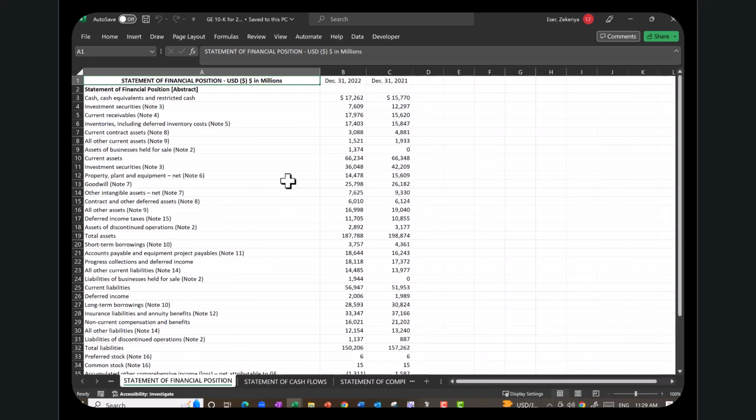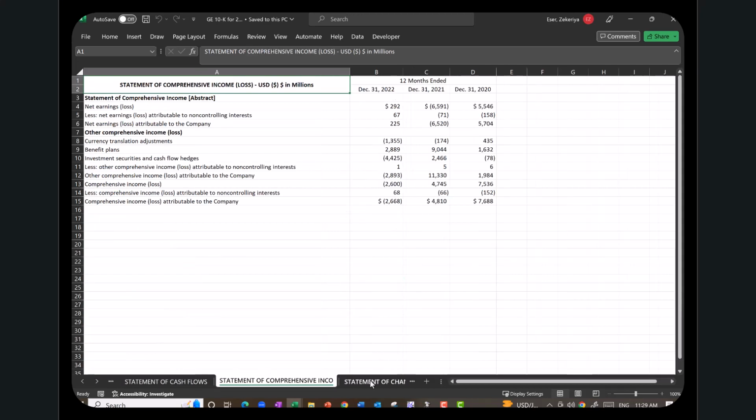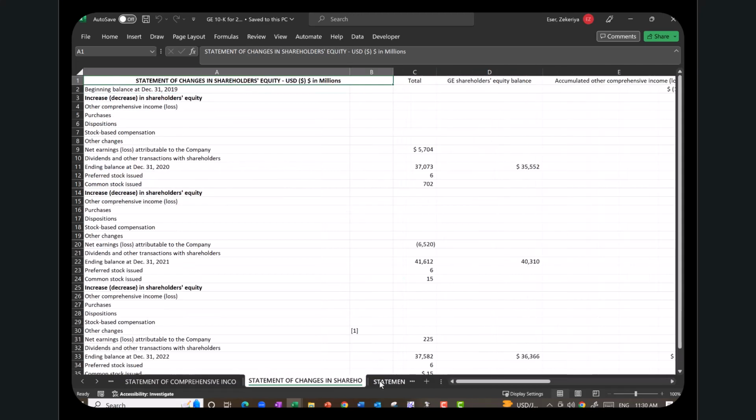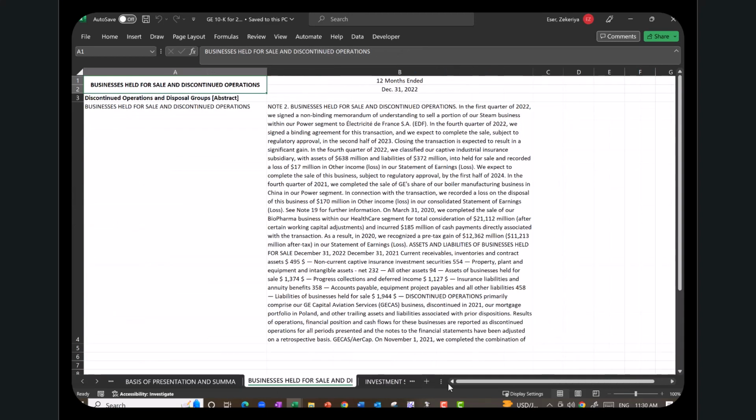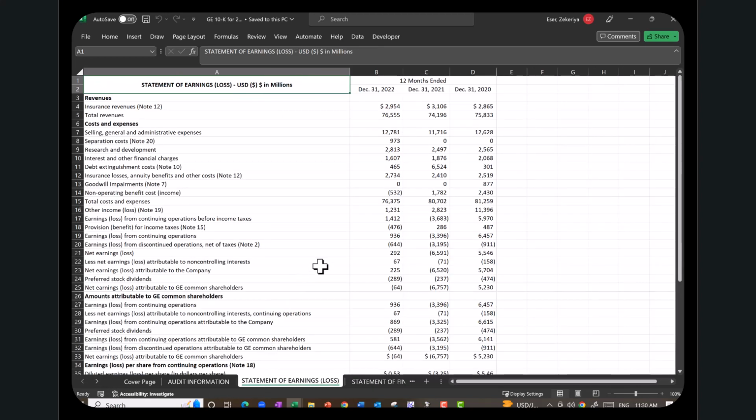As I was telling you, these statements do not have a fixed set of names. GE calls the balance sheet the statement of financial position. Go figure. Where's the income statement? Statement of earnings. That's what they call it. Now, let me kind of get some stuff started here.